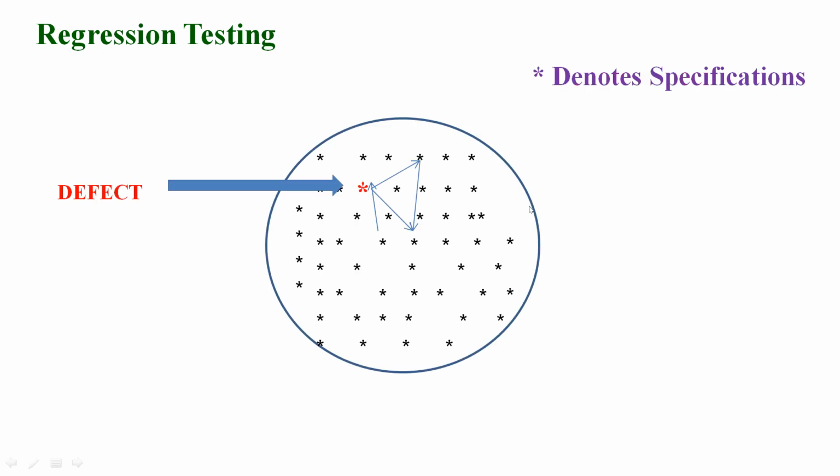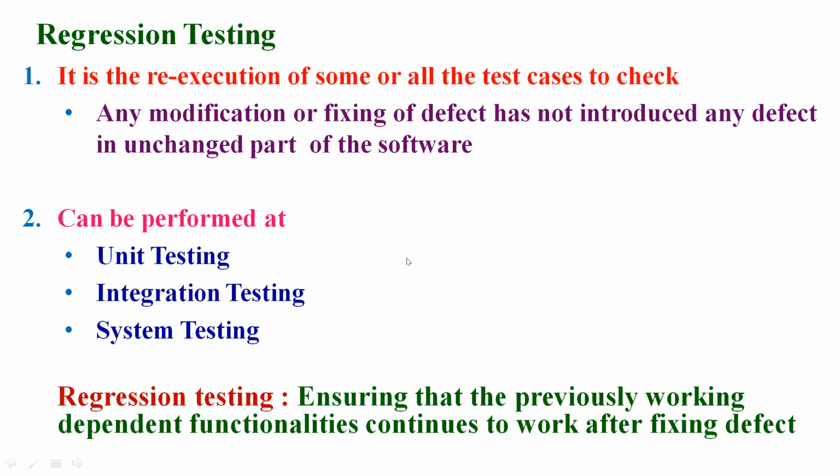Because previously these functionalities were working properly. Now you have to ensure the previously working dependent functionalities continue to work after fixing the defect. That is called regression testing. This is the definition of regression testing.